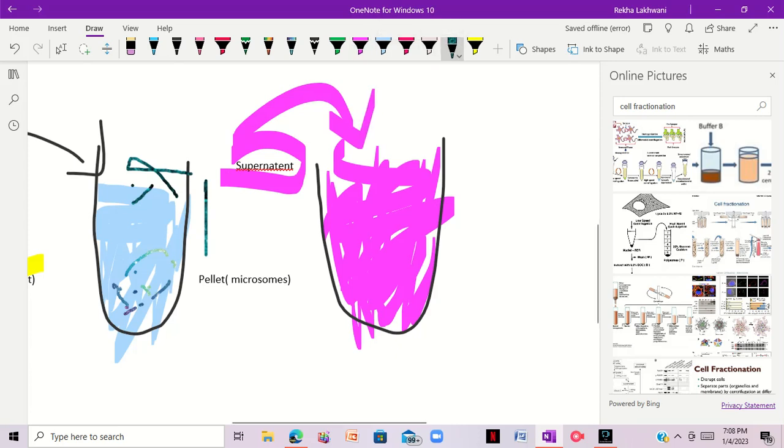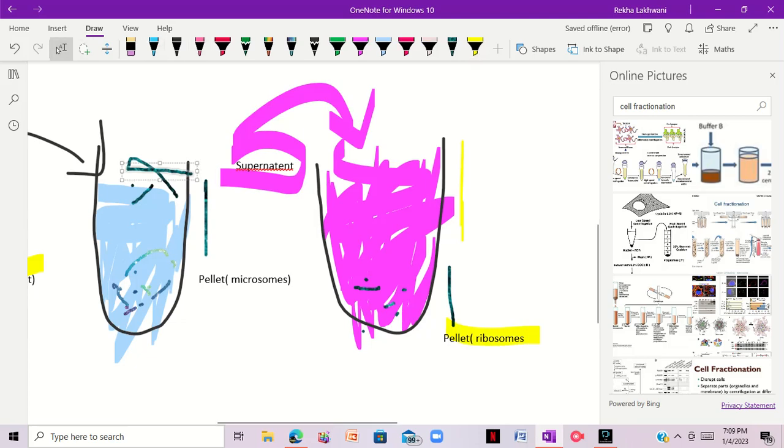Here there is a pellet, and this pellet will contain ribosomes. And here we will have the supernatant again, but if you want, you can refine this further. But you will get the ribosomes, right?